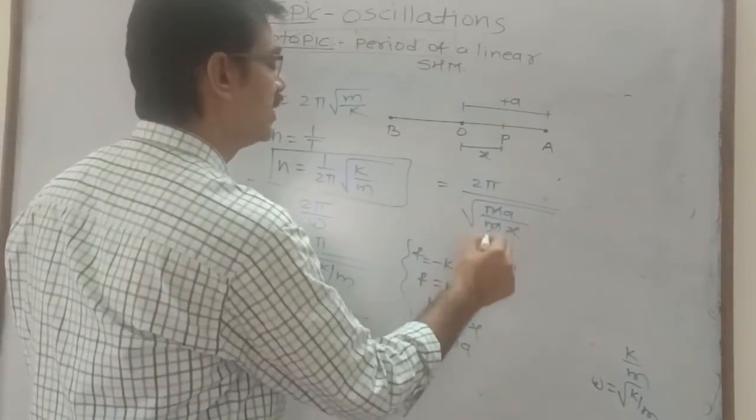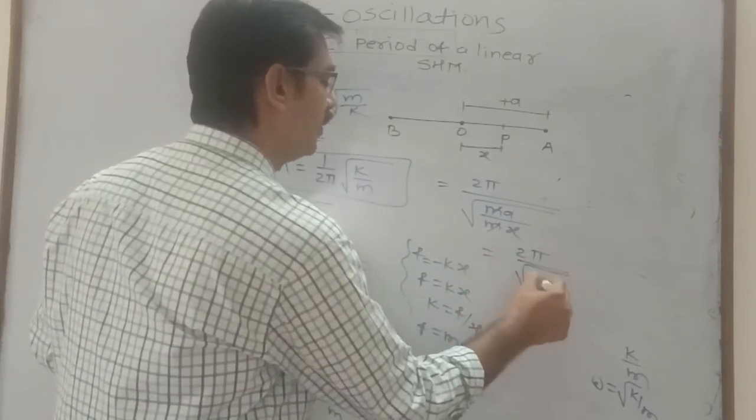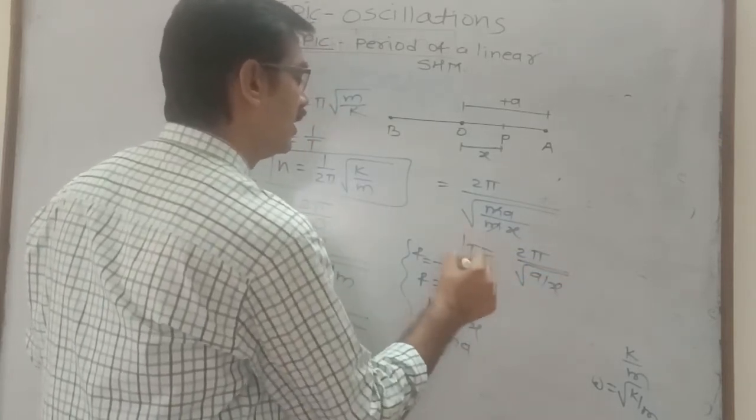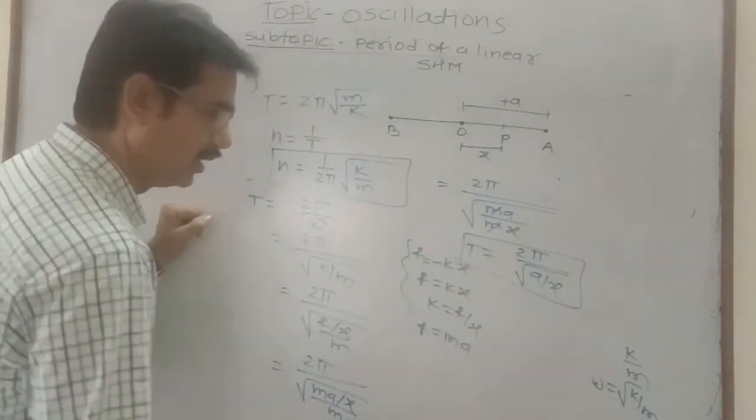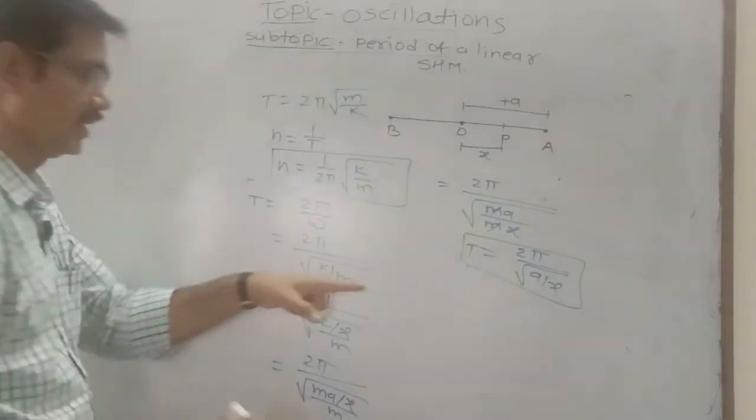Here m and m cancel, therefore we can write twice pi under root a by x. This is another expression for the period of the particle performing linear SHM.